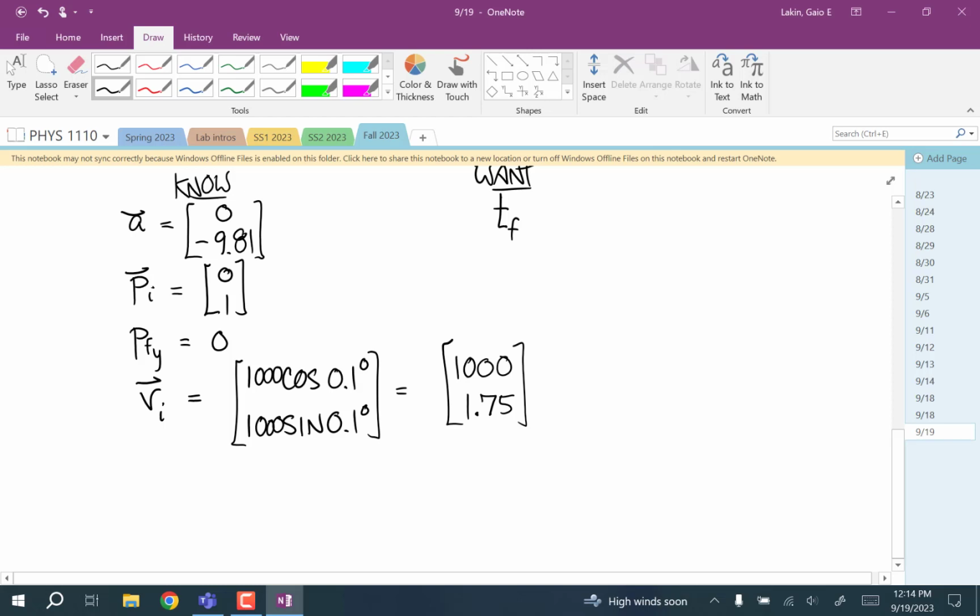And then for y, 1,000 times the sine of 0.1, 1.75. Every calculator, you enter it a little different. So please come talk to me if you're having trouble getting that answer. The most common problem, if you type something like that in and you get the wrong number, is that your calculator is in radians instead of degrees.